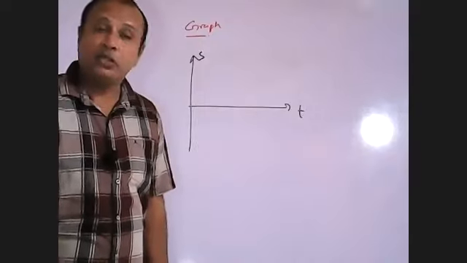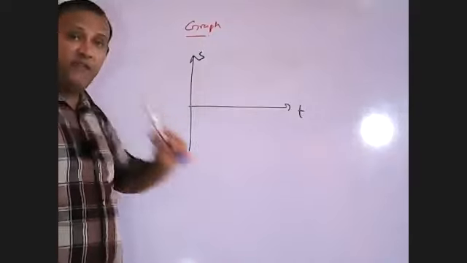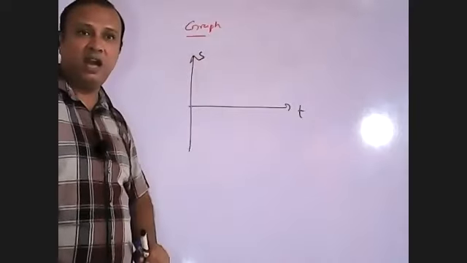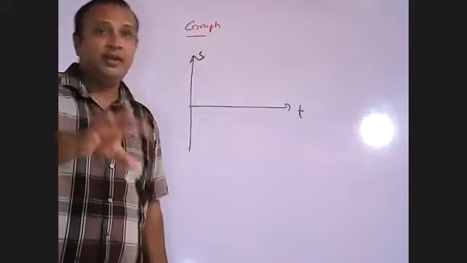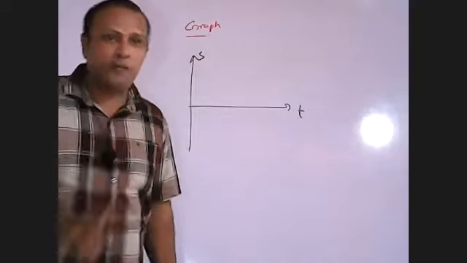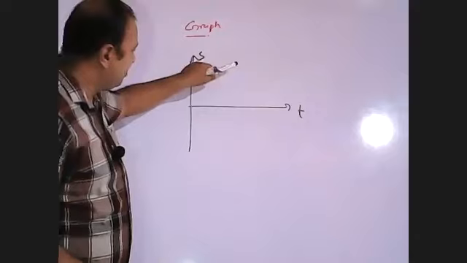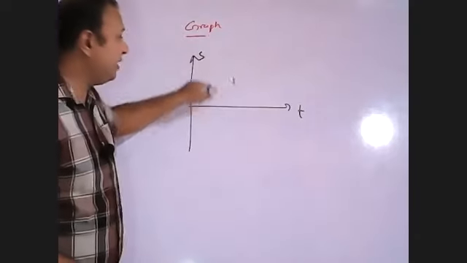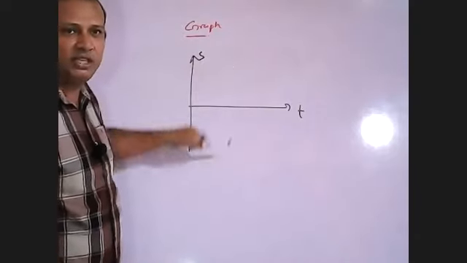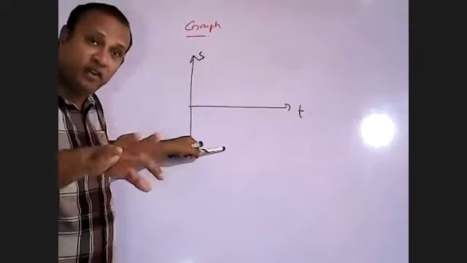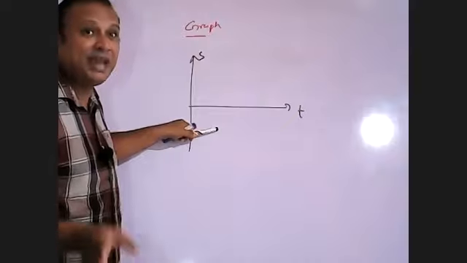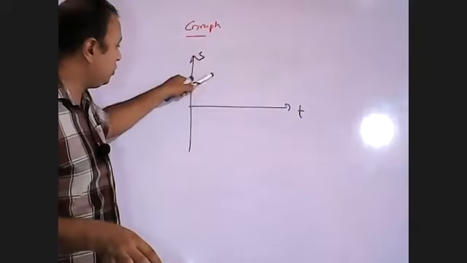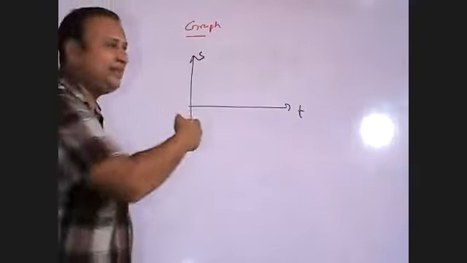So, if it is a motion graph and you want to decide the location, there are only two options. What are those? Whether it is this side or this side. Therefore, if it is a motion graph, the location depends on the positive or negativeness of the y-axis.